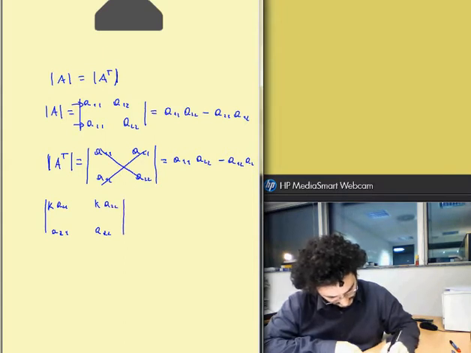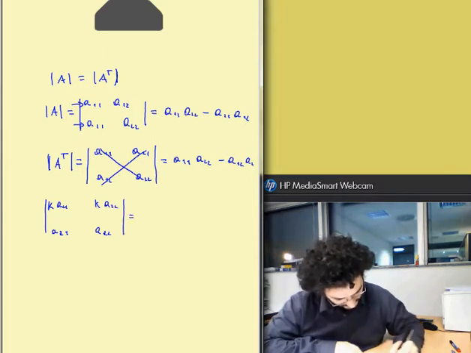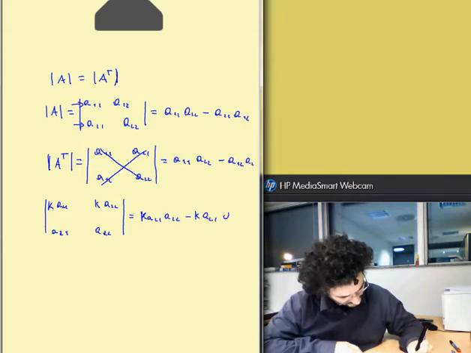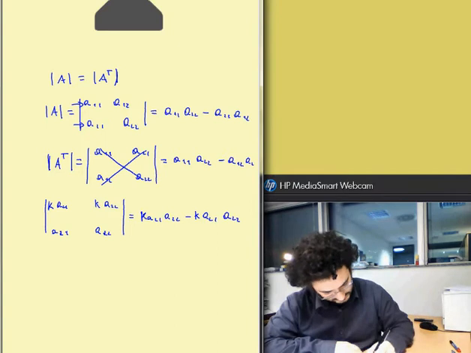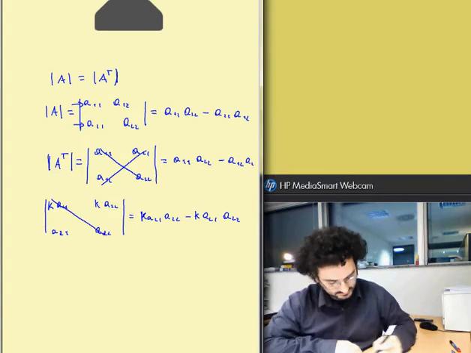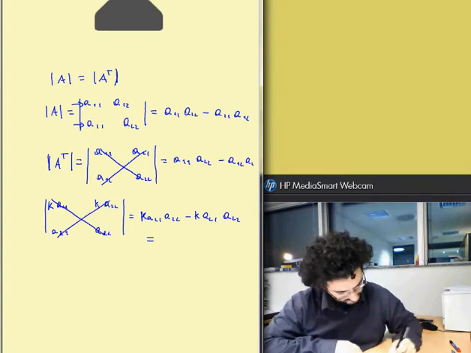In this case, the determinant will be equal to K A21 A22 minus K A21 A22, applying the rule of the main diagonal and the second diagonal, and this is equal to 0.